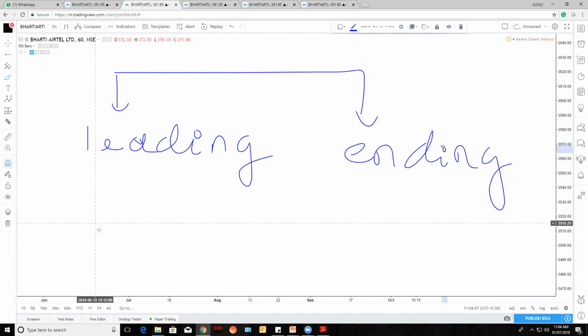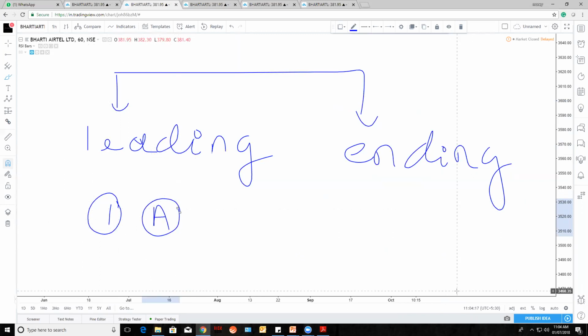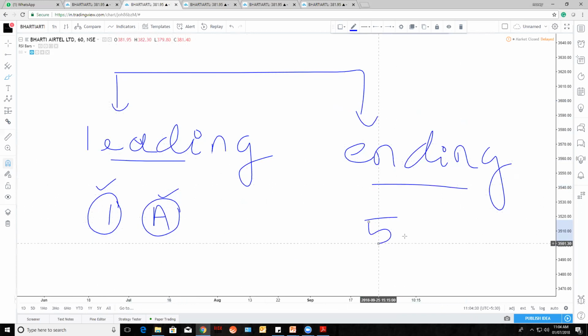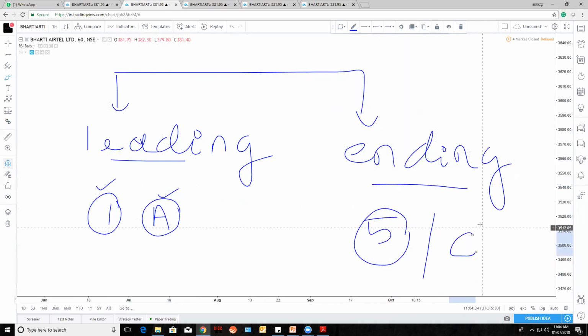Leading diagonal will come in wave 1 and in wave A. It means in the beginning it will come as a leading diagonal. The diagonal which comes in the beginning of the wave, we call a leading diagonal, and an ending diagonal will come in wave 5 or else in wave C.